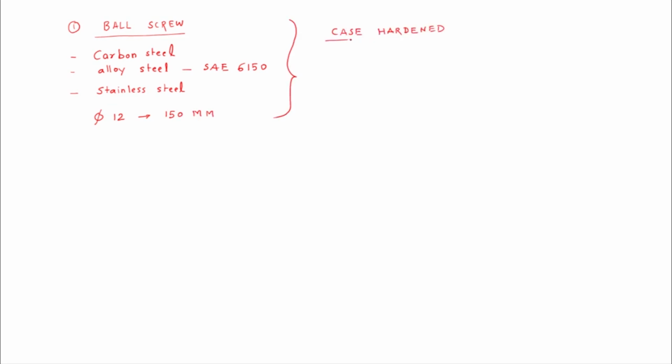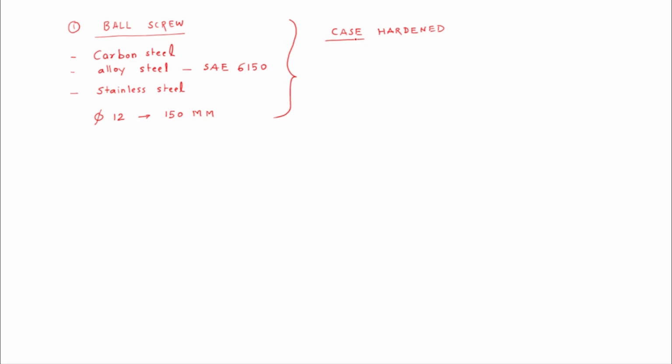Case hardened means their surface is hardened, the hardness of the surface is enhanced by using a heat treatment process such as carburizing. So we are heating the screw, and we are keeping that screw in an environment which has high carbon content.